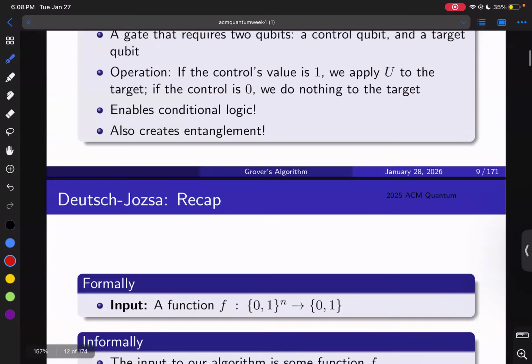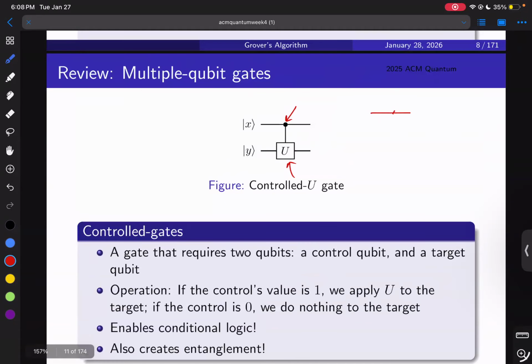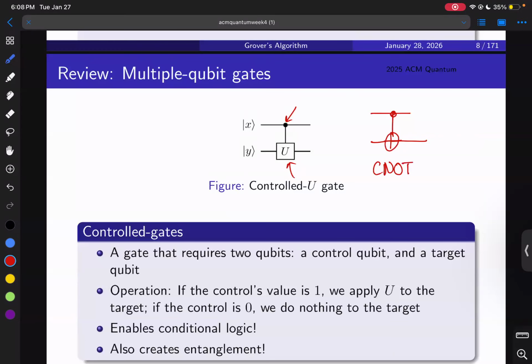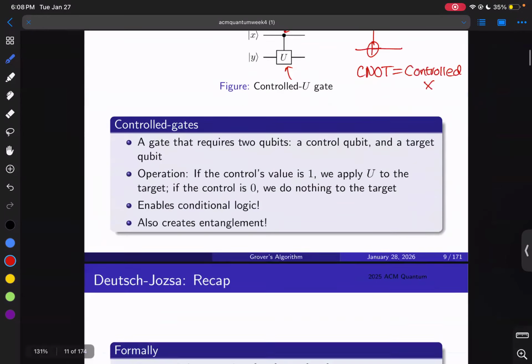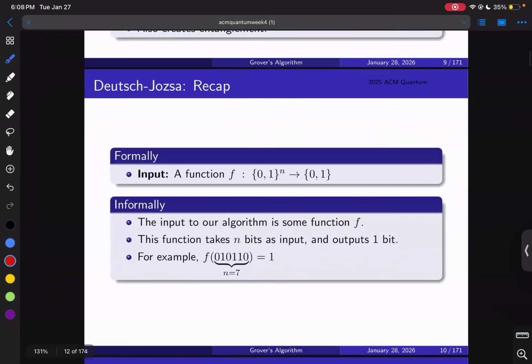We mostly use the CNOT gate, which we draw like that, which is controlled X. Questions on the recap of the gates and states?